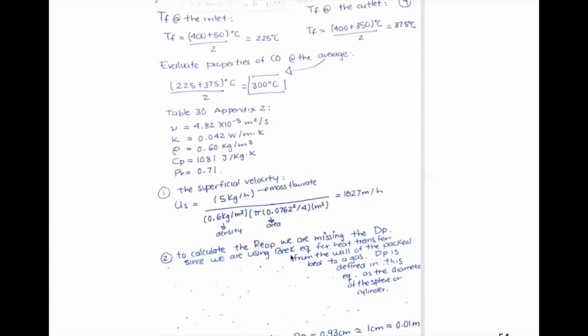So Beek defines dP, or the diameter of the particle, as the diameter of the sphere or the cylinder. So we have that straightforward. Our diameter of the particle is going to be 0.93 centimeters, or around 1 centimeter, 0.01 meters.